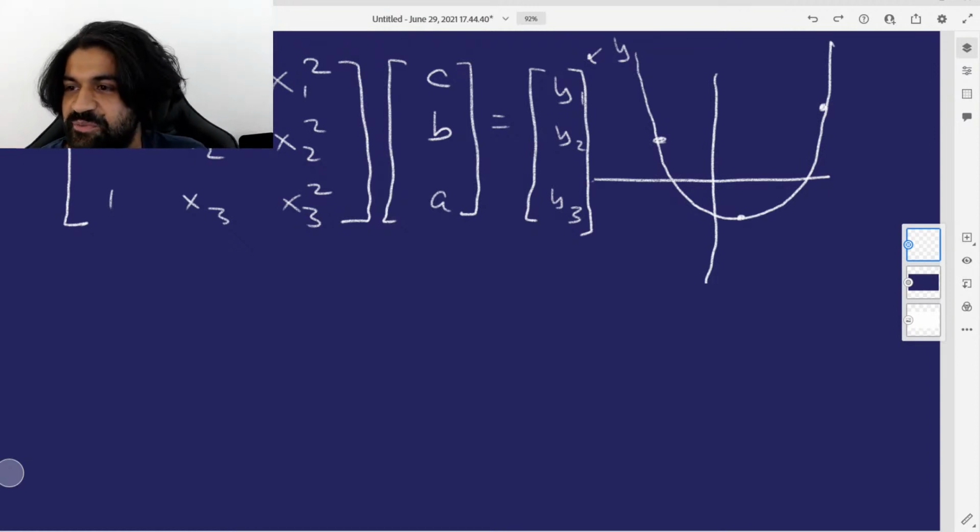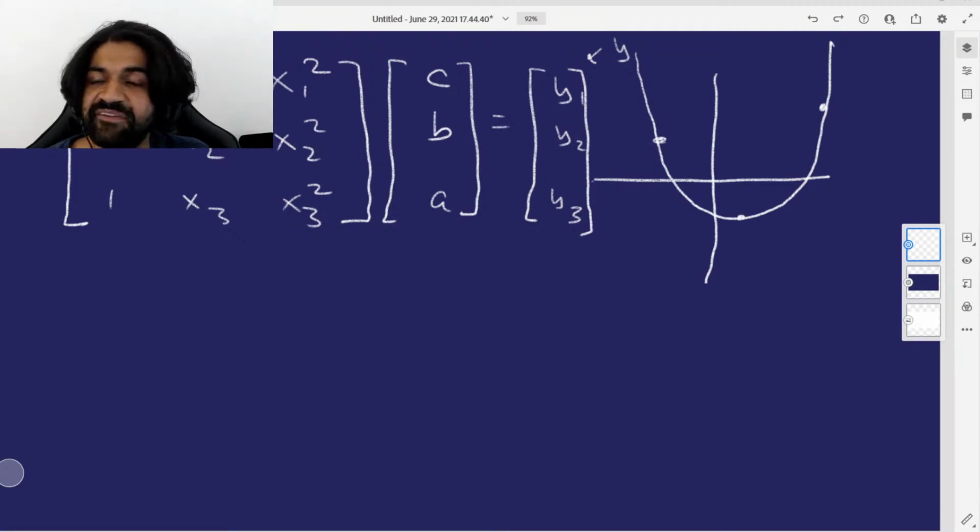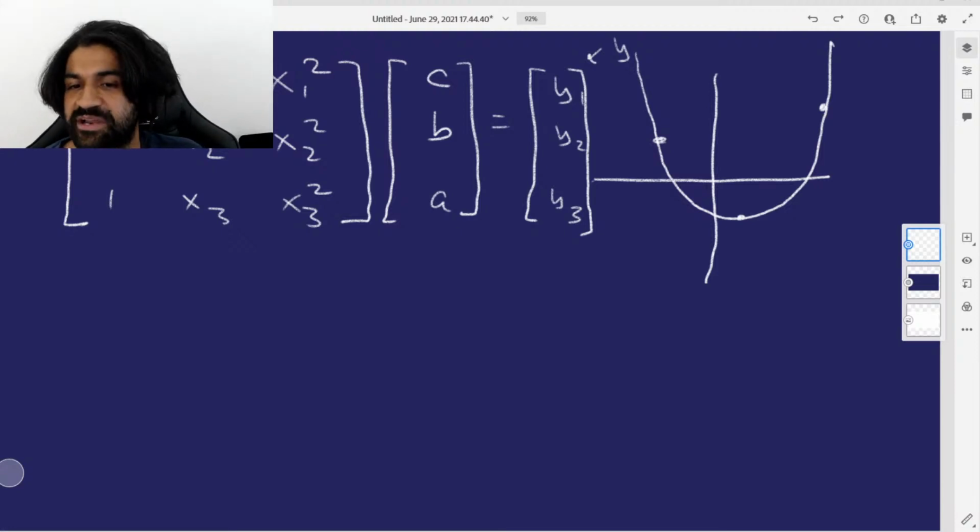Because the 2 rows would be the same, the determinant would definitely be 0. So it is definitely the case that if x1 were to equal x2, or x2 were to equal x3, or x1 were to equal x3, then 2 of the rows of this Vandermonde matrix would be the same.